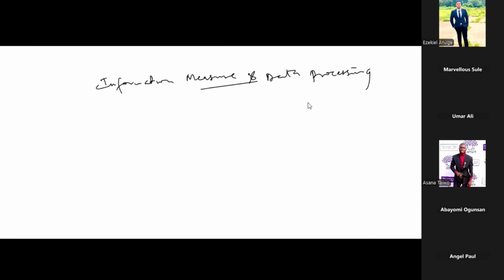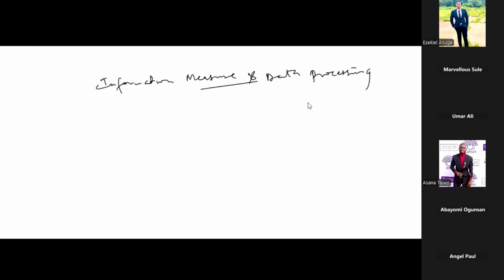In our previous lecture, we've been able to build the background, and we've been able to identify what information theory addresses. Okay, so we mentioned that it addresses two fundamental concepts.